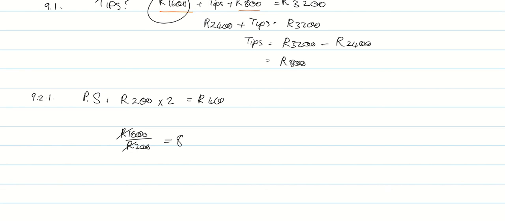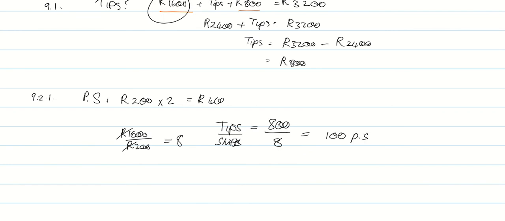Now I need to say what the tips were. Tips was equal to 800. But now I need tips divided by the 8 shifts to calculate the average. 800 divided by 8 equals 100 rand per shift on tips.